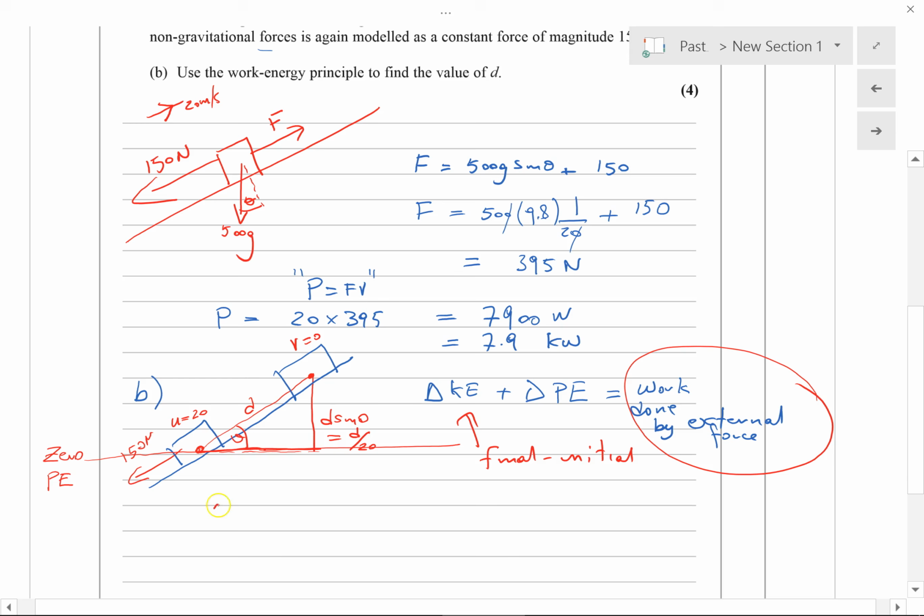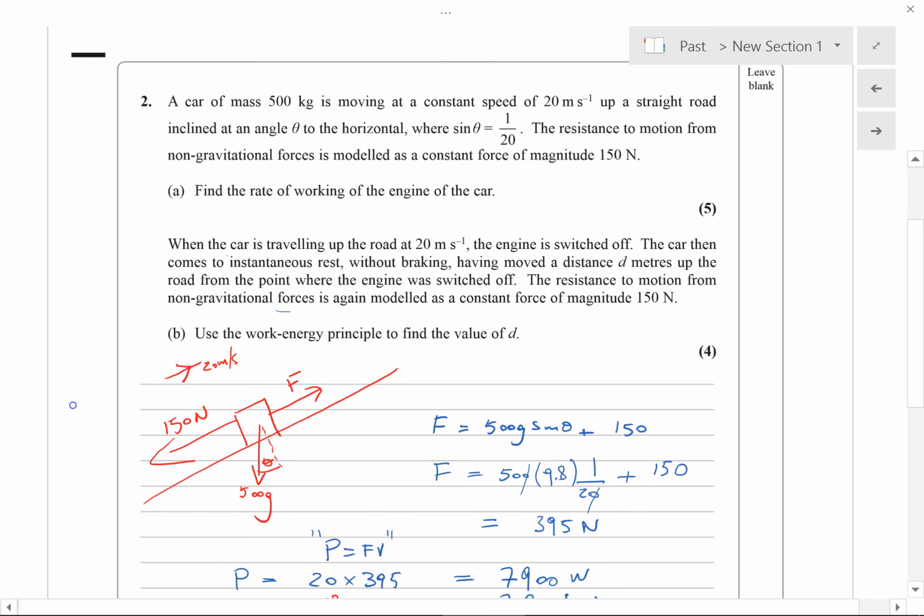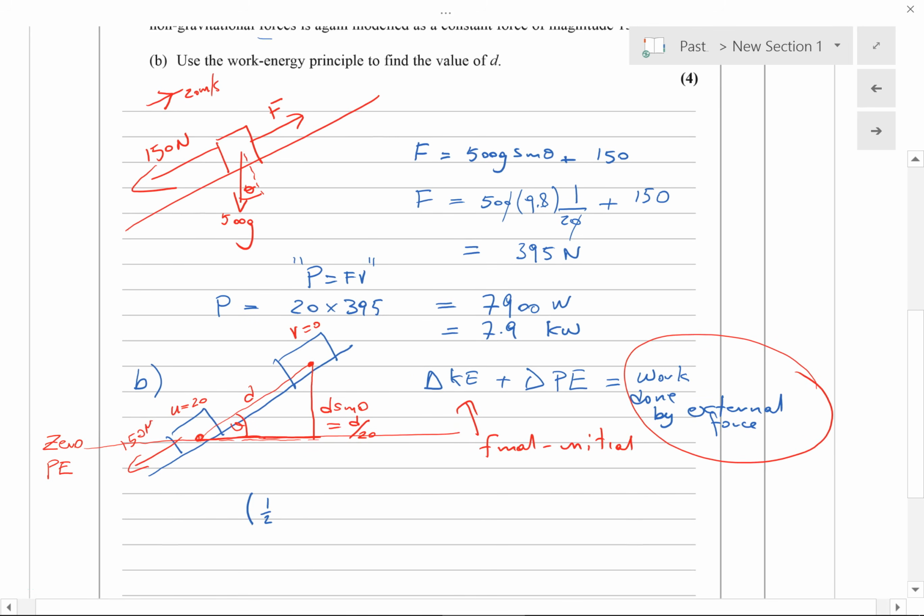Let's fit this in. Changing kinetic energy, that's the final kinetic energy, which is half times by, what was the mass of the thing? It wasn't 0.6, I had that in my head from the previous question.